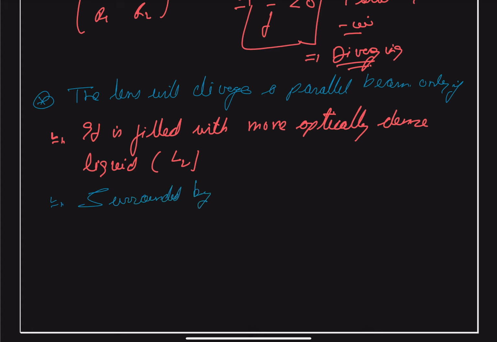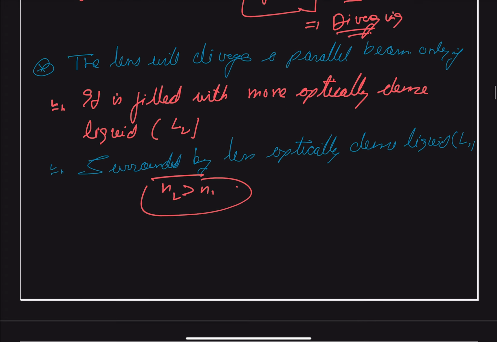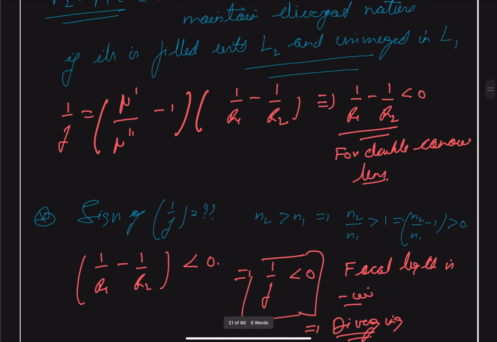Surrounded by less optically dense liquid, that is our L1, because we are given our N2 is greater than N1. So it means the lens should be filled by L2 and surrounded by medium L1.